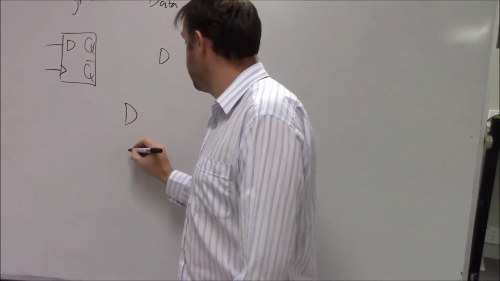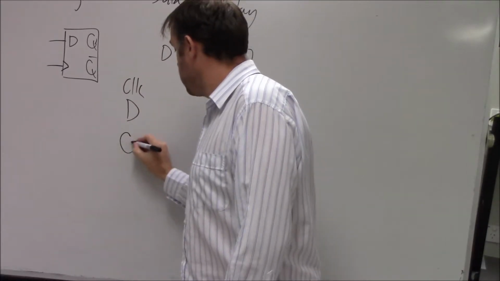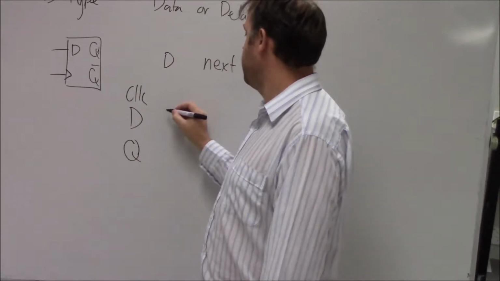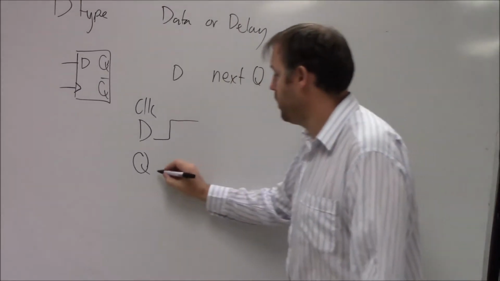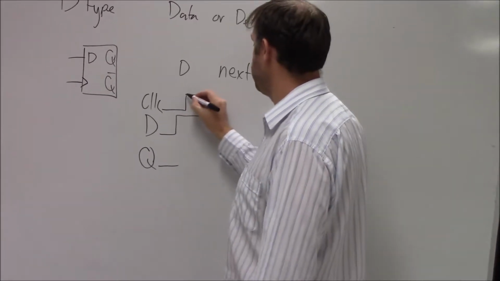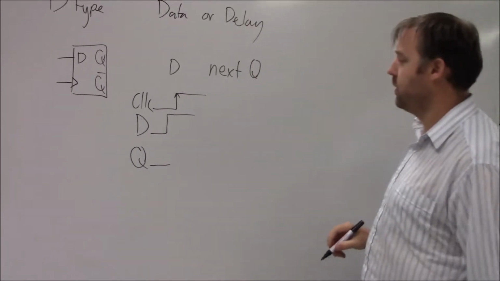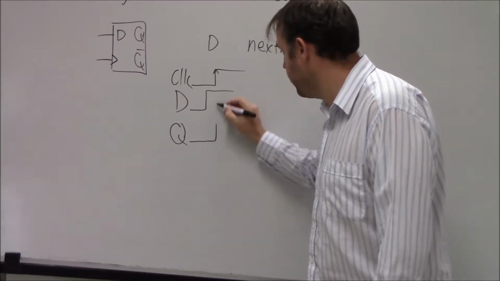So if I've got my D input, my clock input, and my Q. If D is high, let's say Q is low, and we see the clock edge, rising edge there, then D is high, so Q goes high at this point.